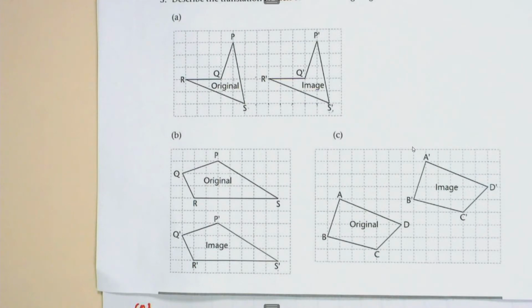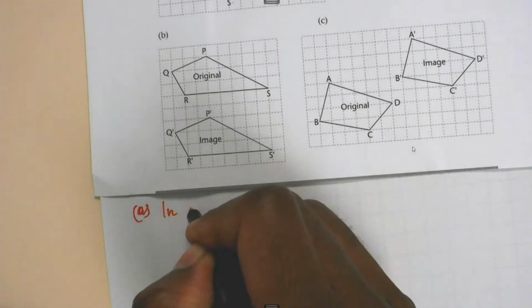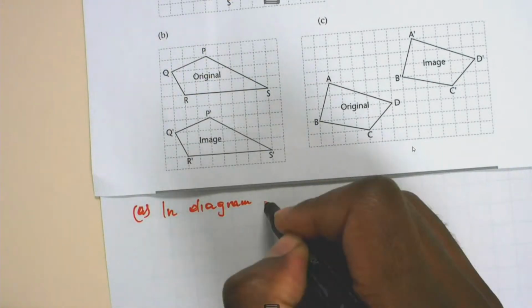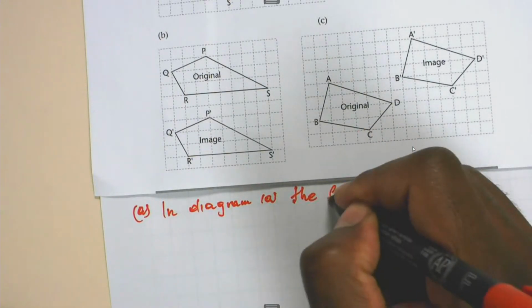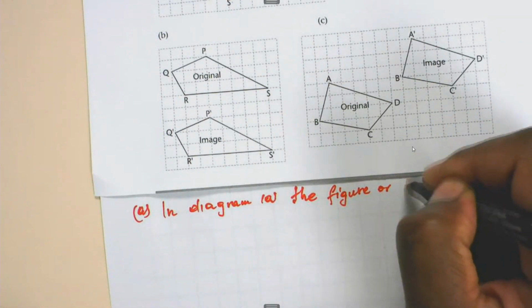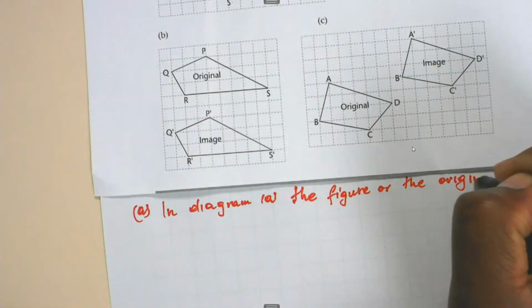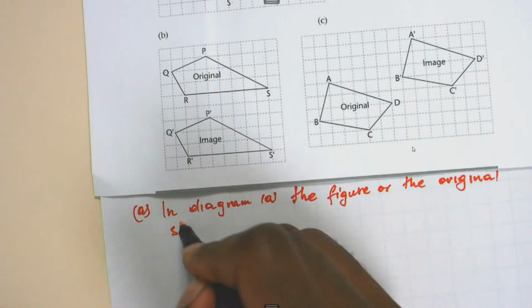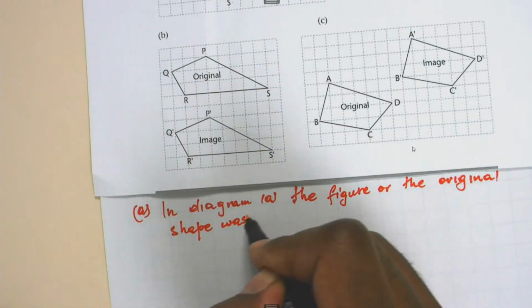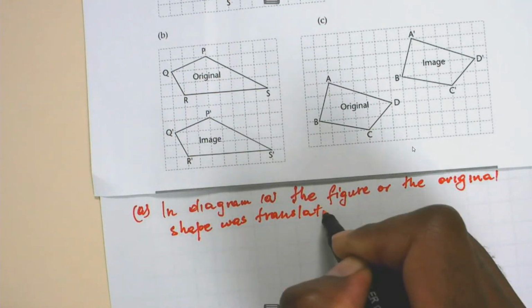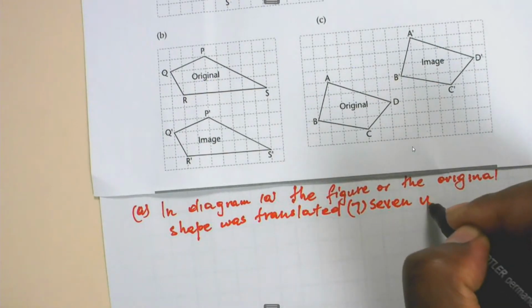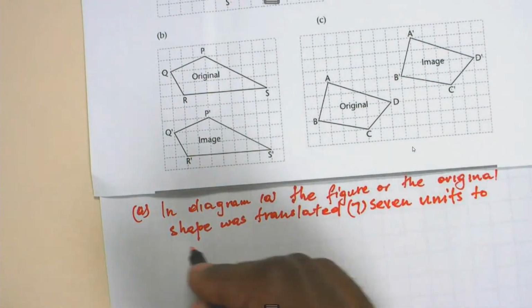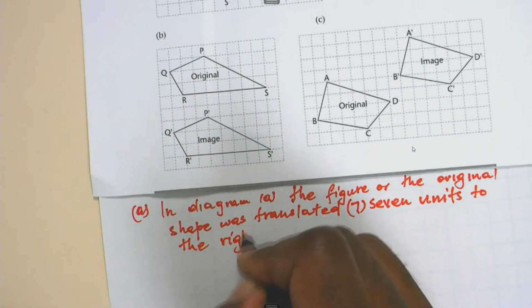So it will be easier for us to say, okay, in diagram A, the figure or the original shape was translated 7 units to the right, which is the direction it took.